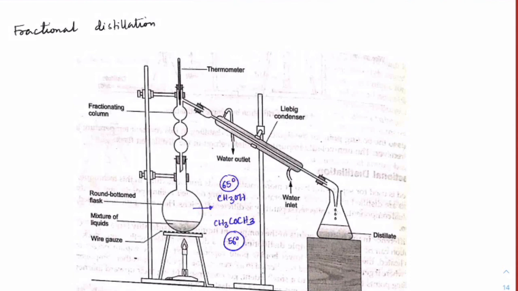Now most of that will come out as methyl alcohol. So we will remove this out. This time the sample we collect will have a major amount of methyl alcohol. That's how we can separate two desired liquids using fractionating columns.